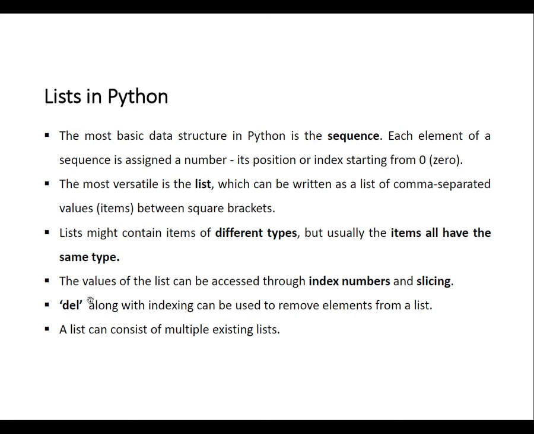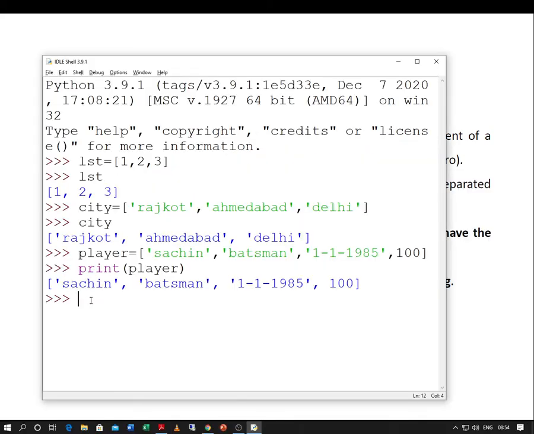So, let us go further. As you can observe, the values are written separated by a comma. Now, let me check, for example, the type function can be used to check the data type of the variable player.